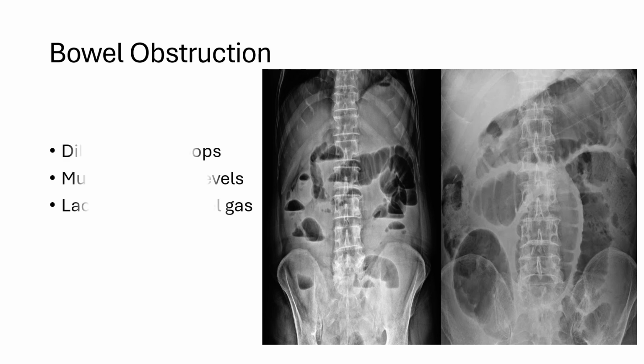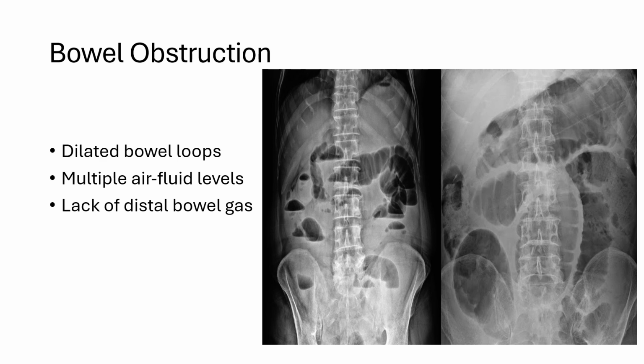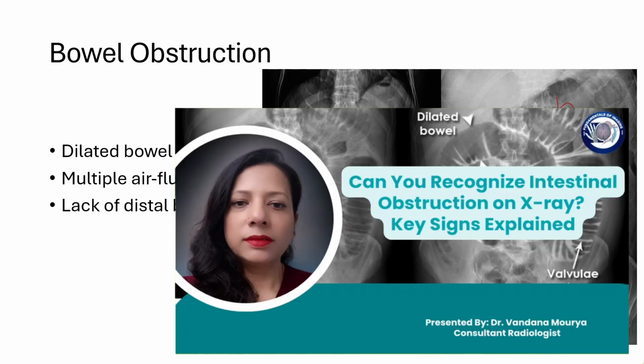So these are the multiple dilated bowel loops, and these are the multiple air fluid levels, and there is absence of bowel gas in distal bowel loops. So these are the diagnostic points of bowel obstruction. X-ray is sensitive for the diagnosis of bowel obstruction, and for the details of bowel obstruction you can watch my video on bowel obstruction, and the link is also given in the description.